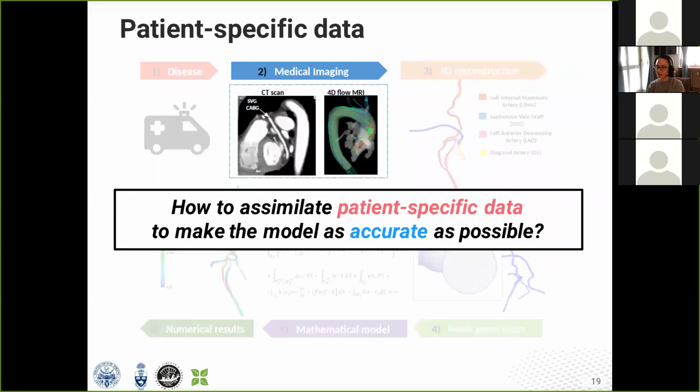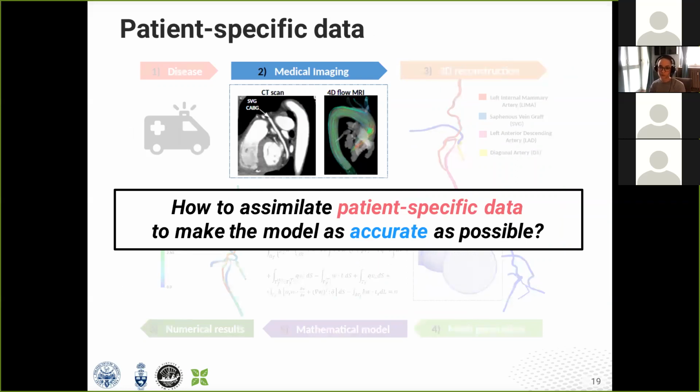So from this, I want to highlight another problem in the pipeline. It's in a different step, but it's actually related to the boundary condition problem. When we perform medical imaging, we retrieve a lot of information from the patient, not just from the CT scan where we build a 3D model, but we also perform 4D flow MRI, a type of magnetic resonance imaging, where we get a lot of information on the specific flow rate of the patient.